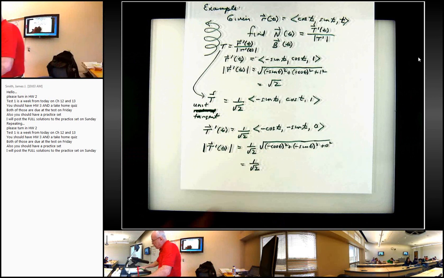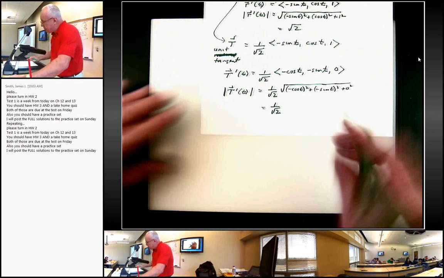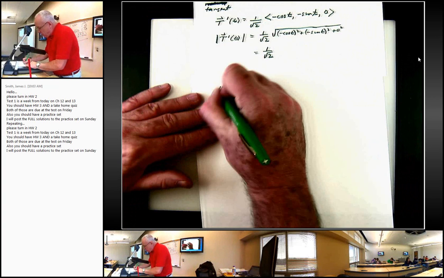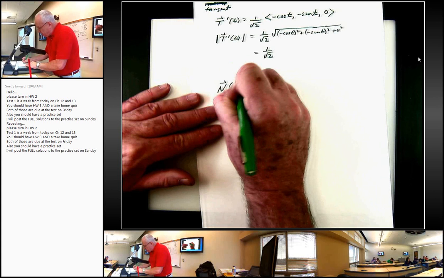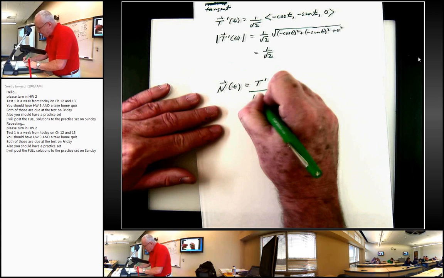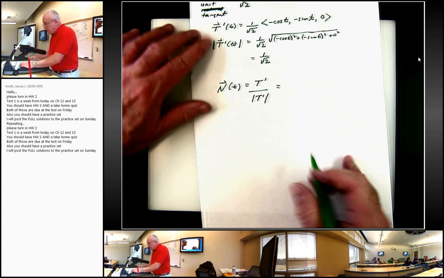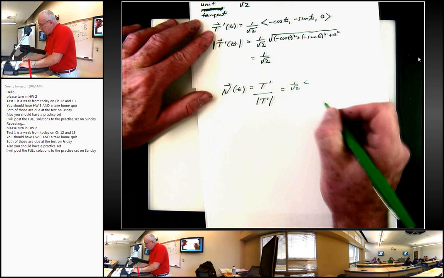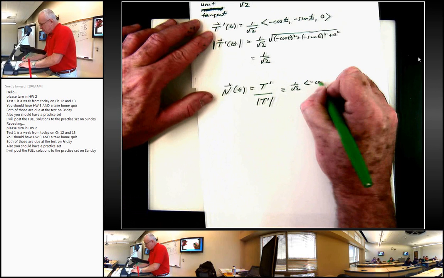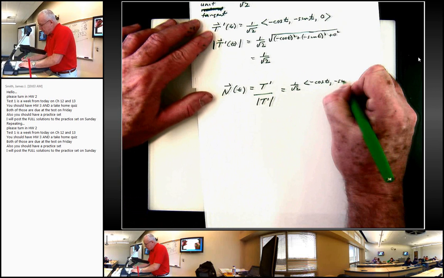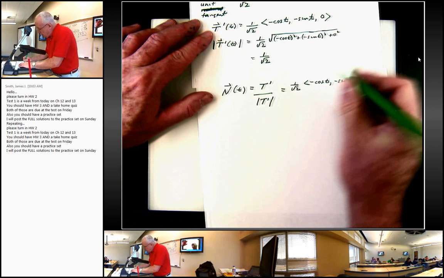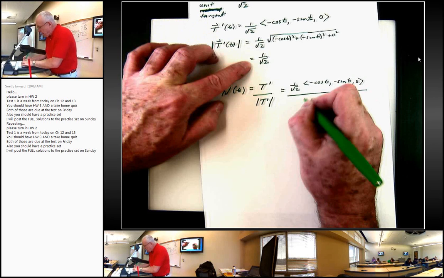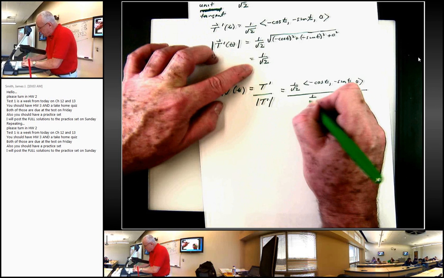All right, so we're ready to get the first answer here. Our unit normal vector is equal to T prime divided by the magnitude of T prime. So T prime is 1 over the square root of 2 times the vector negative cosine of t, negative sine of t, and 0, all over the magnitude of T prime, which is 1 over the square root of 2.